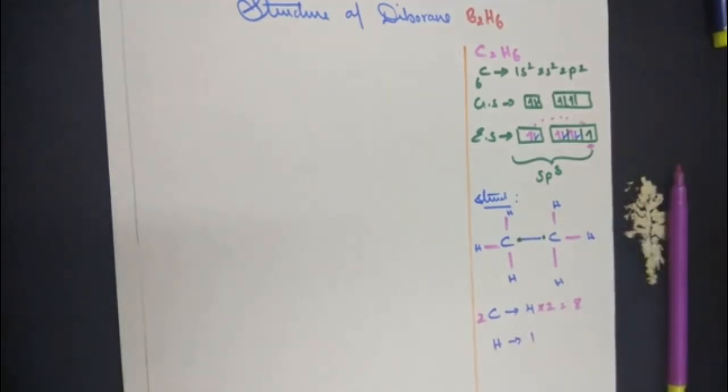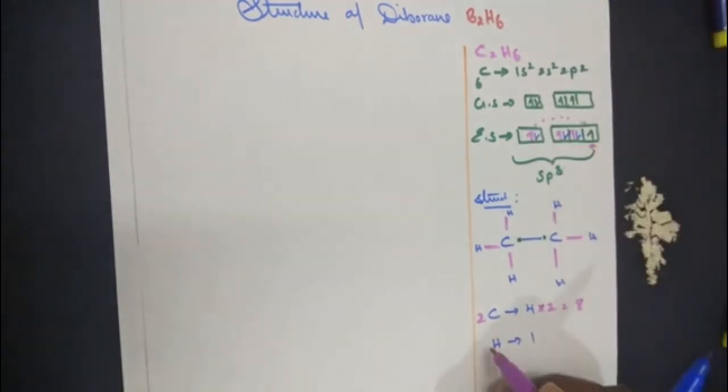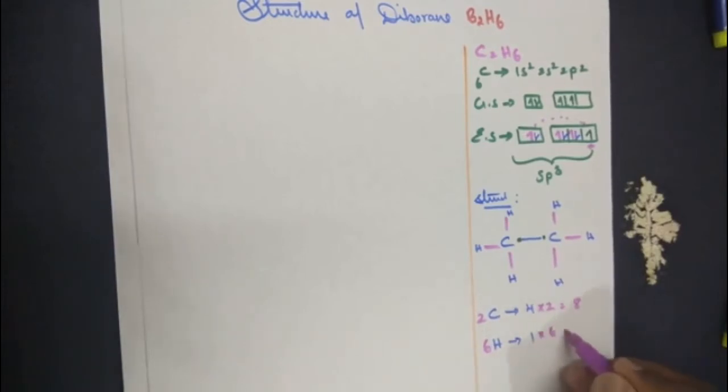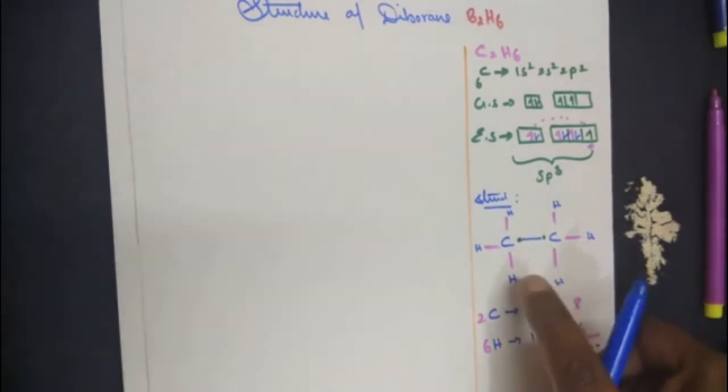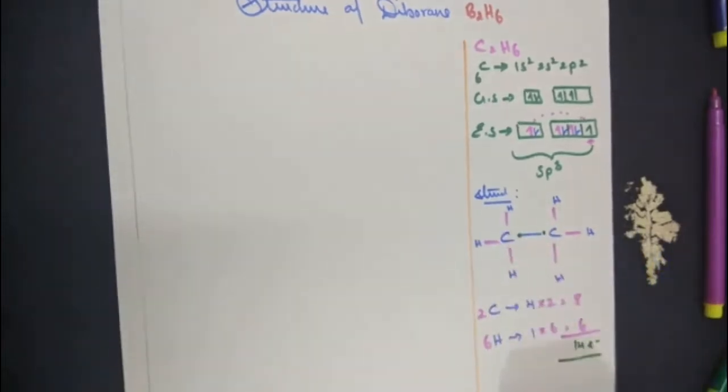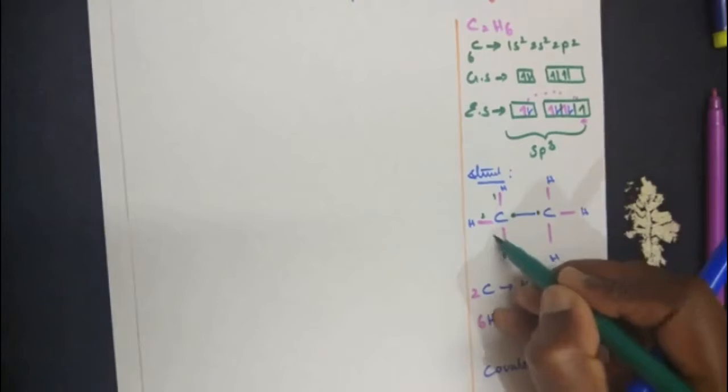How many hydrogens? 6 hydrogens, so 6 electrons. Together that makes 14 electrons involved. What type of bond is formed here? Because sharing of electrons takes place, a covalent bond is formed. So how many bonds are there? 1, 2, 3, 4, 5, 6, 7. 7 covalent bonds are formed here.